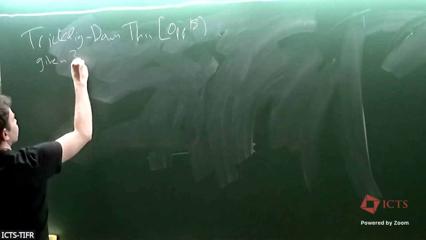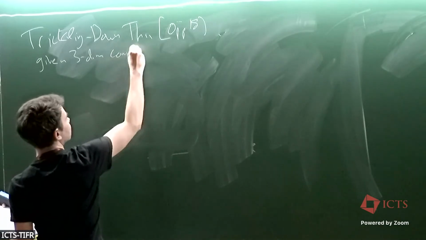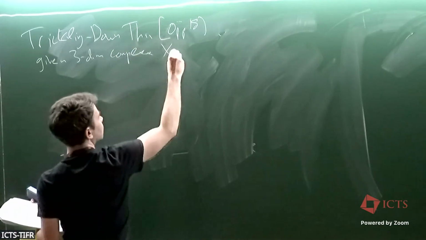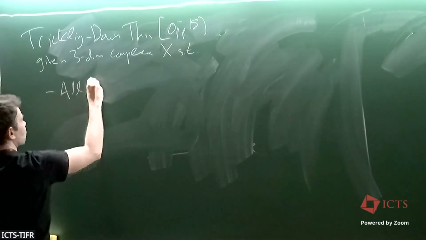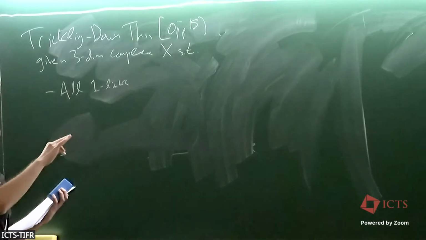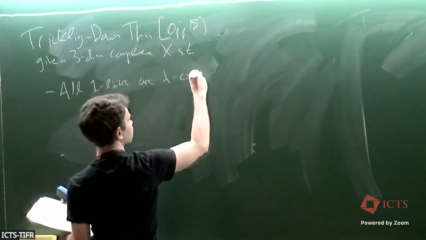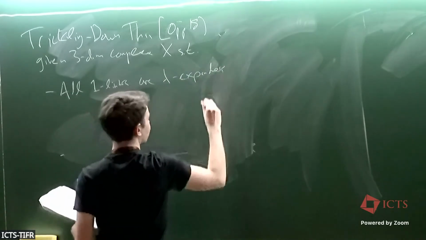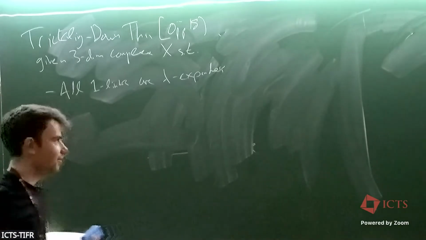So, given a three-dimensional complex X such that 1, all one links, so all the links of vertices in this complex, are lambda expanders. I'm just going to do one-sided; assume I mean one-sided when I write lambda expanders for a moment.